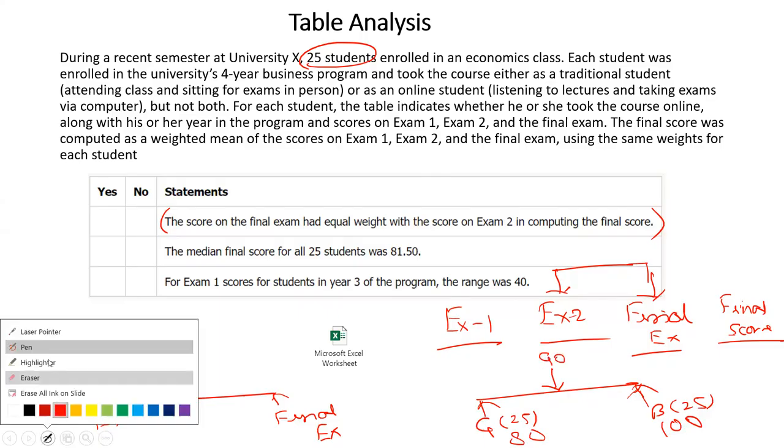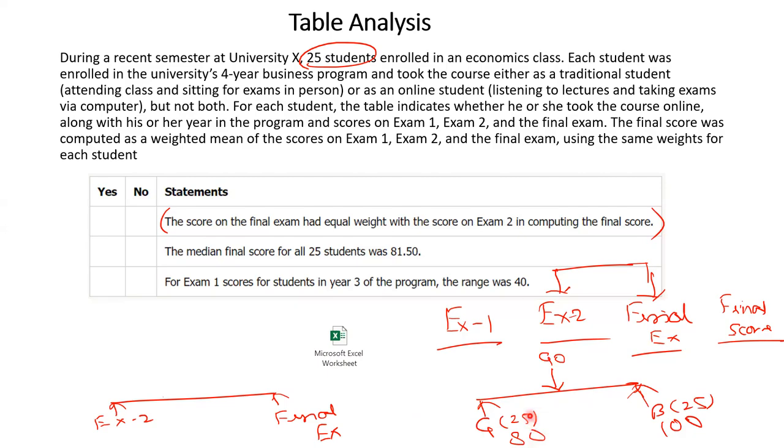Why is it smack in the middle? Because girls had the same weightage as boys, because the number of girls is the same as the number of boys. Similarly here, if exam 2 has the same weightage as final exam, then any person's average in these two exams would be smack in the middle, the way it was smack in the middle here, right?